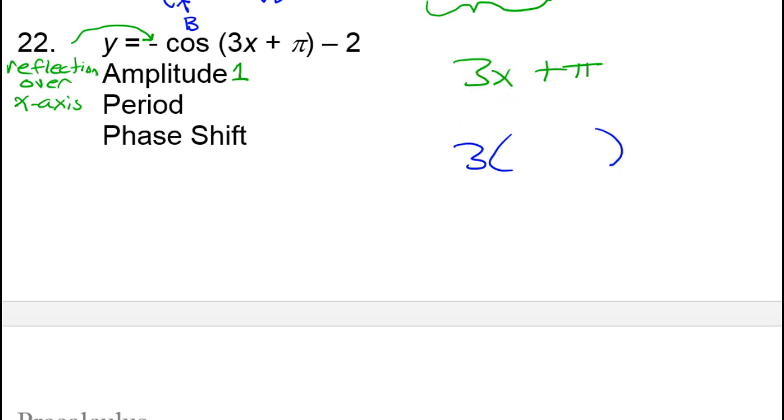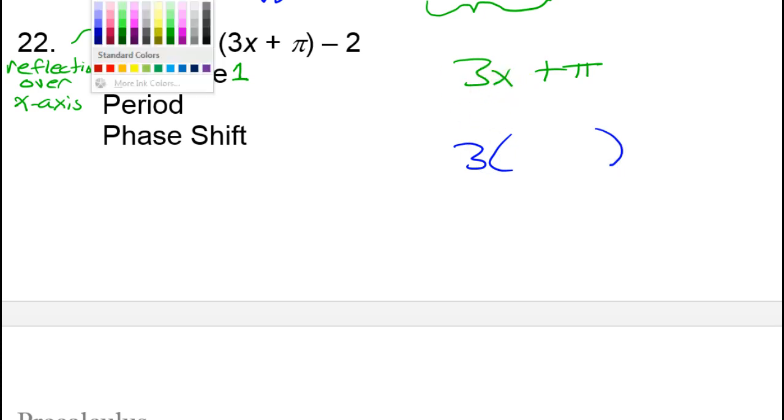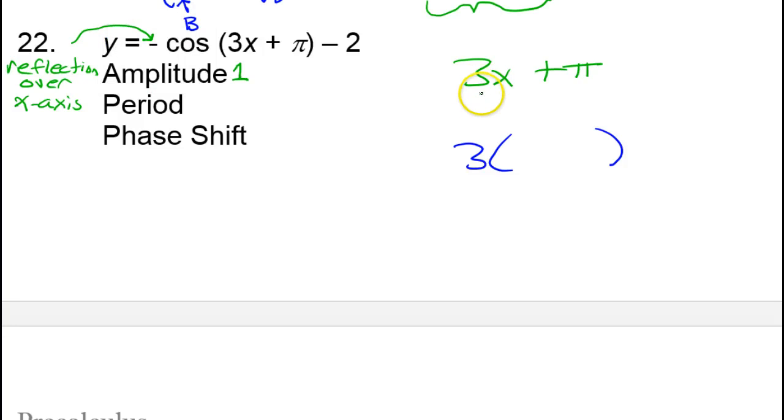And that's allowed as long as I take this 3 and I divide by 3 in both places. So these 3's will cancel out, and that will give me x plus, and then in here I will have pi over 3. So 3x plus pi is the same thing as 3 times parentheses x plus pi over 3.